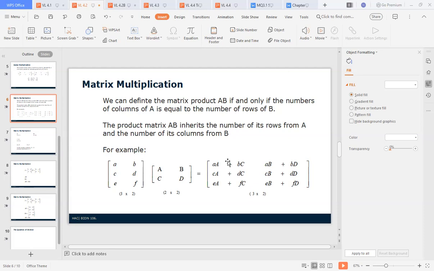The first element would be A11, the coefficient in the first row, first column. That is a sum of two products: small letter A times capital A, plus B times capital C.